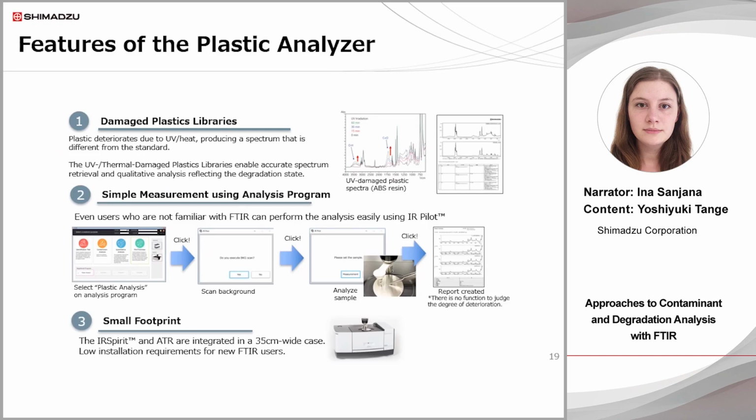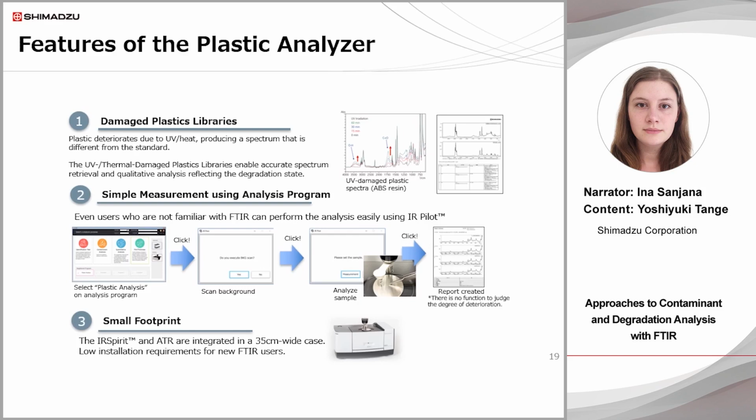Plastic Analyzer has three key features: highly accurate degradation libraries, simple measurement using an analysis program, and a small footprint. Spectra obtained by stepwise ultraviolet or thermal degradation of multiple types of plastics are recorded in these libraries, enabling highly accurate spectrum retrieval and qualitative analysis which reflects the degradation state.